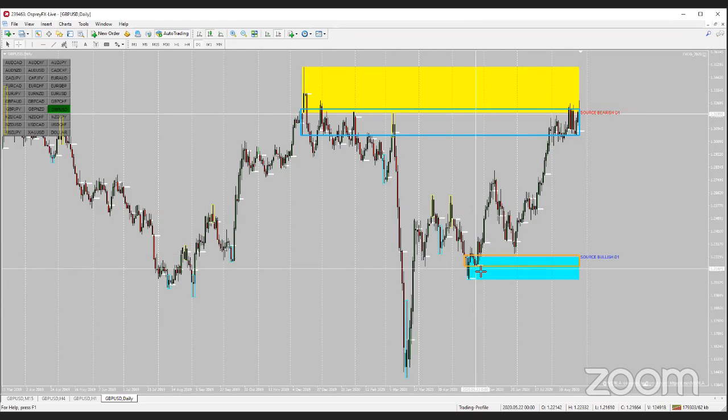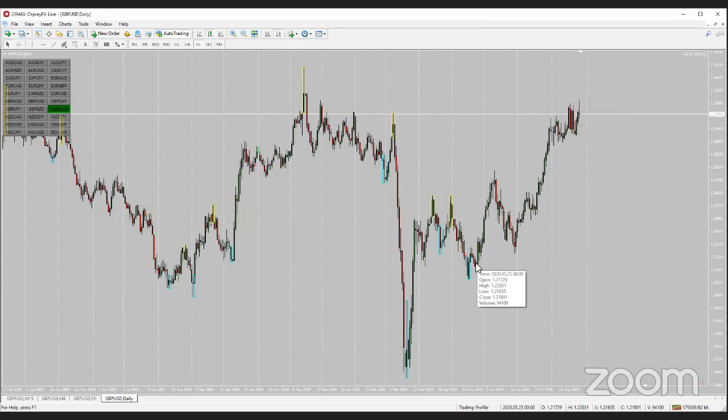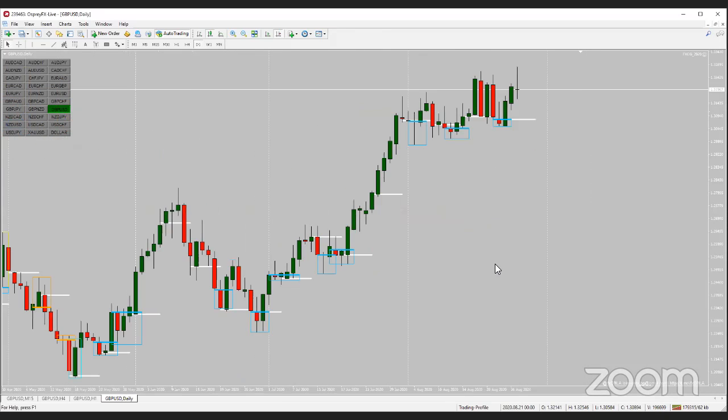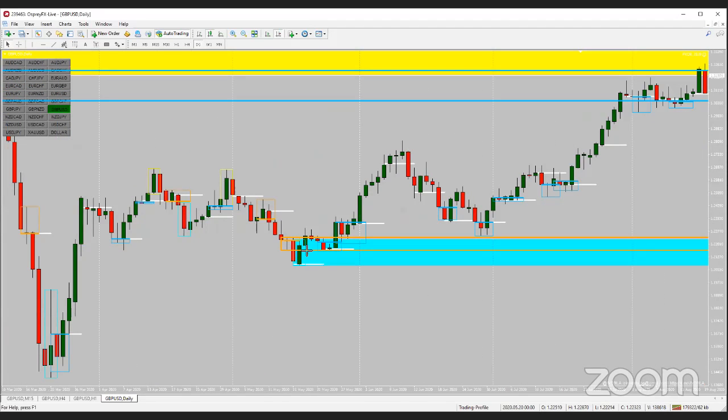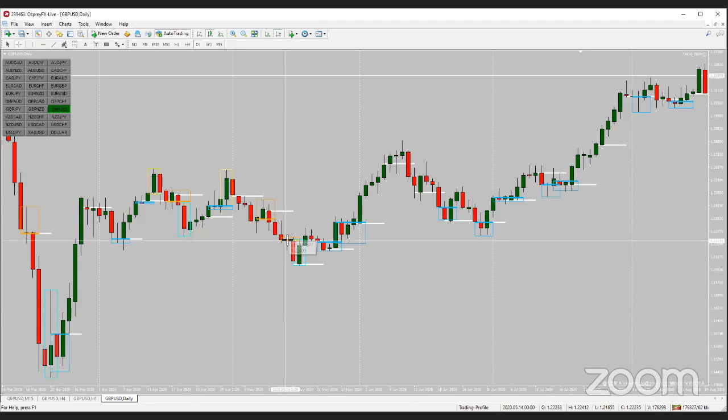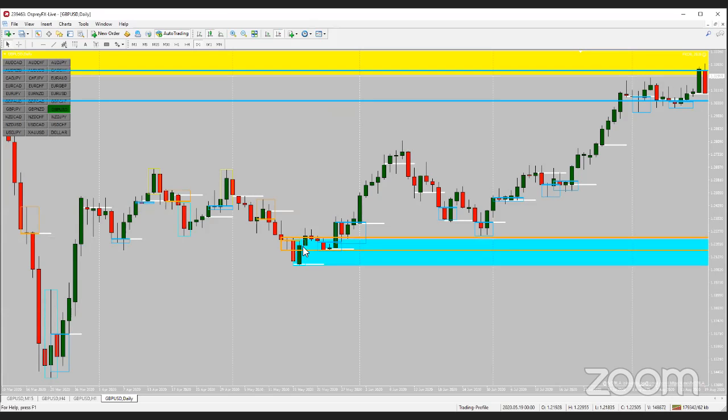So before this pair moved to a daily order flow, if we pull up our order blocks, what you're going to see is that this specific order block on a daily candle, once we closed above it, which was right here, we went to a daily bullish order flow.